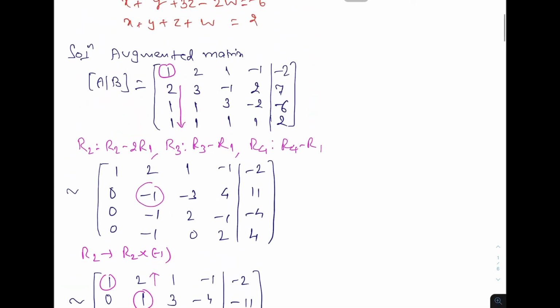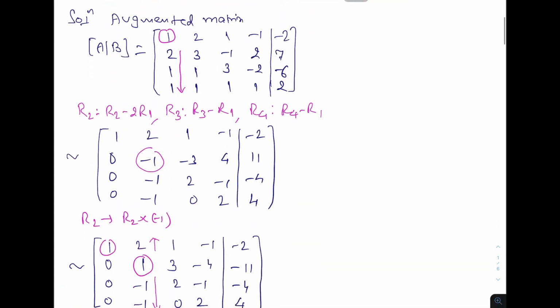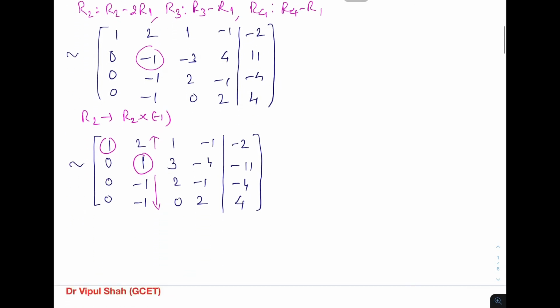So what are the operations? The operations are: in R1 we have R1 minus 2R2, then in R3 plus R2, and R4 is also R4 plus R2.